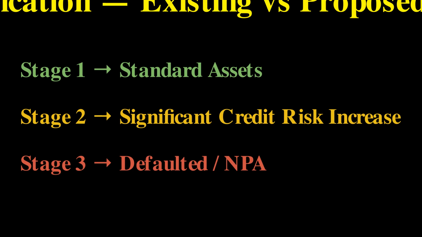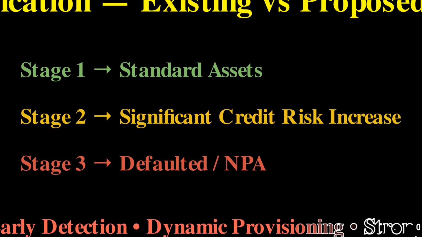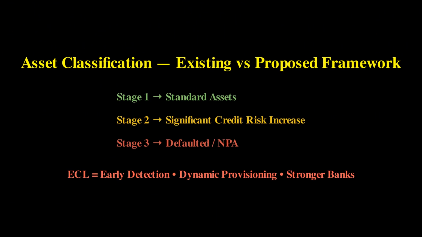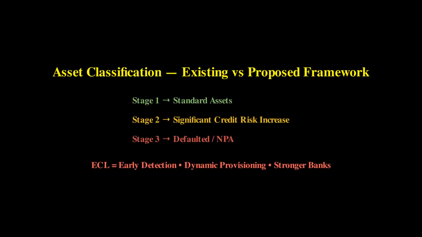Stage 1 covers standard assets, stage 2 captures significant credit deterioration, and stage 3 represents defaulted exposure requiring full provisioning subject to vintage. The expected credit loss model transforms a static provisioning into a dynamic forward-looking process. It ensures early risk recognition and strengthens overall financial resilience.